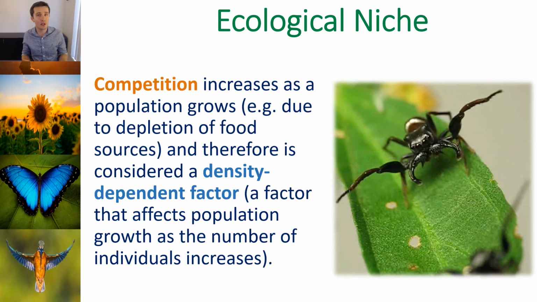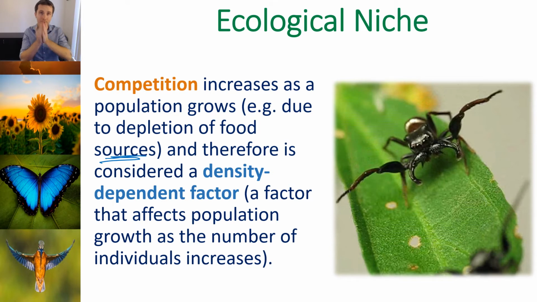So competition will increase as a population grows, and this is due to mainly the depletion of food sources. So understand this idea. Competition increases as population grows due to mainly the depletion of food sources being the big one. And therefore, competition is what we refer to as a density dependent factor. If we've got dependent, we've got one that's independent factors when we look at population ecology in greater detail.